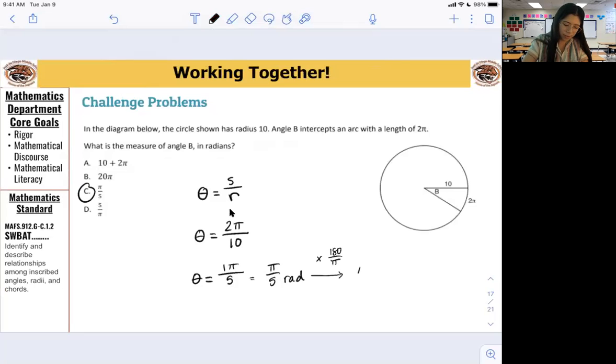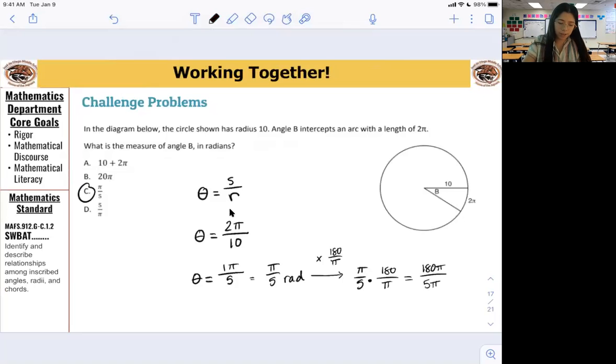Well, pi over 5 times 180 over pi, what happens? Straight across: 180 pi over 5 pi.